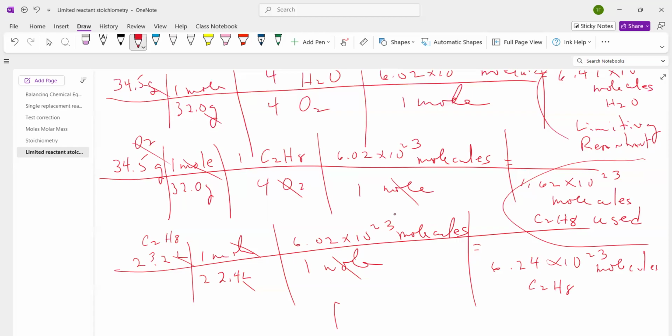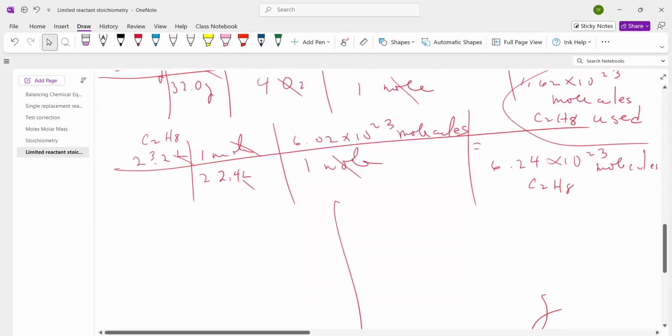Okay, and how much do we use? Well, we used 1.62 times 10 to the 23rd, and we started with 6.24. So we're going to subtract those two, and that'll be the excess.